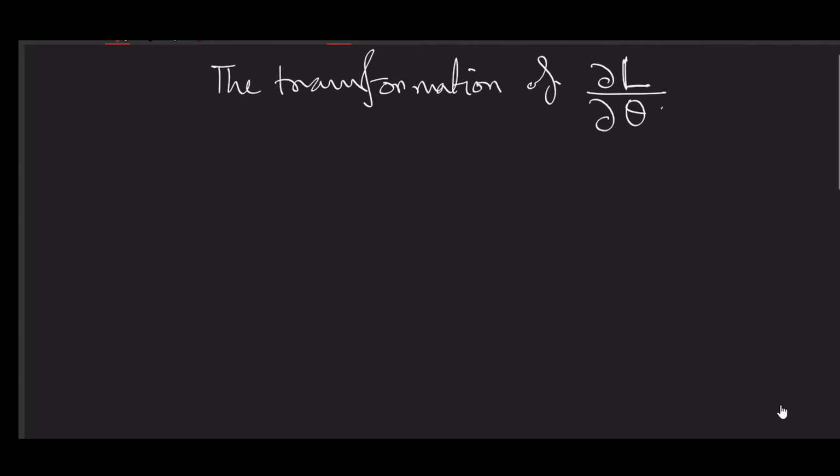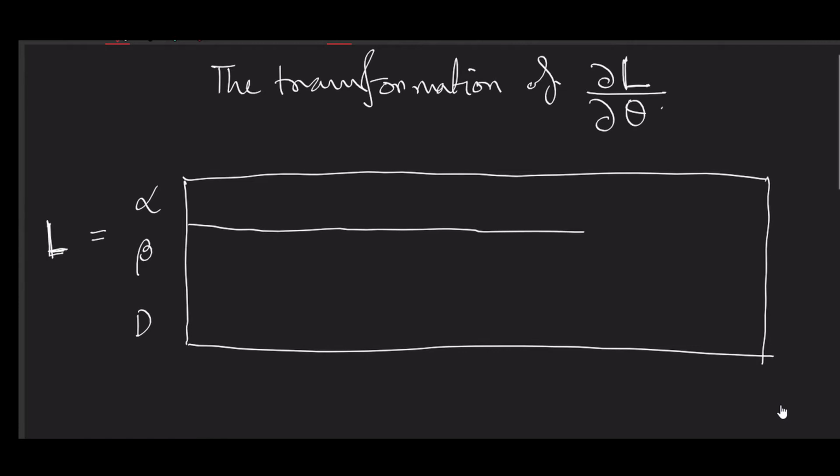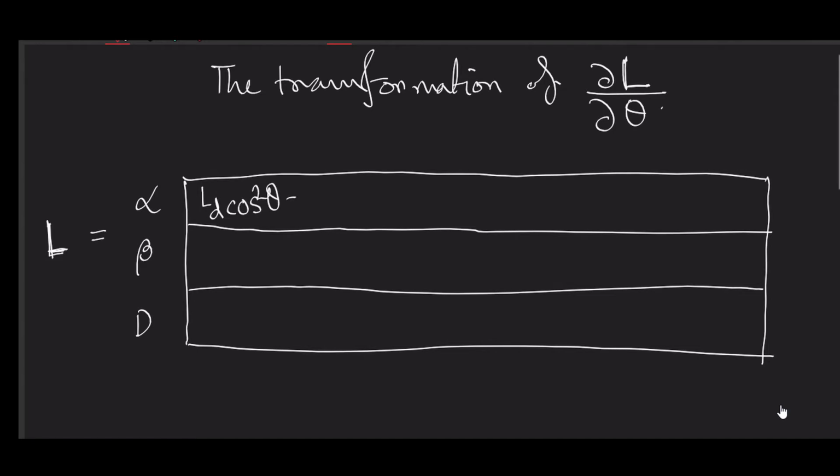For this salient pole machine, what you will get if you do it will give you sine square theta, and here LD minus LQ sine 2 theta by 2.